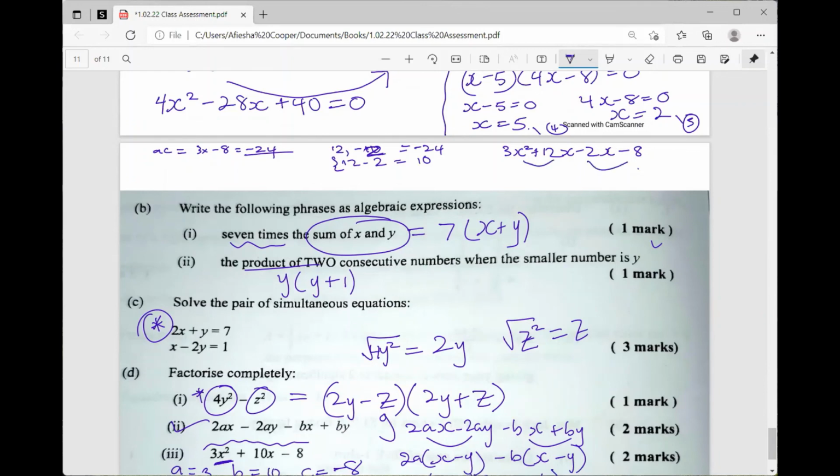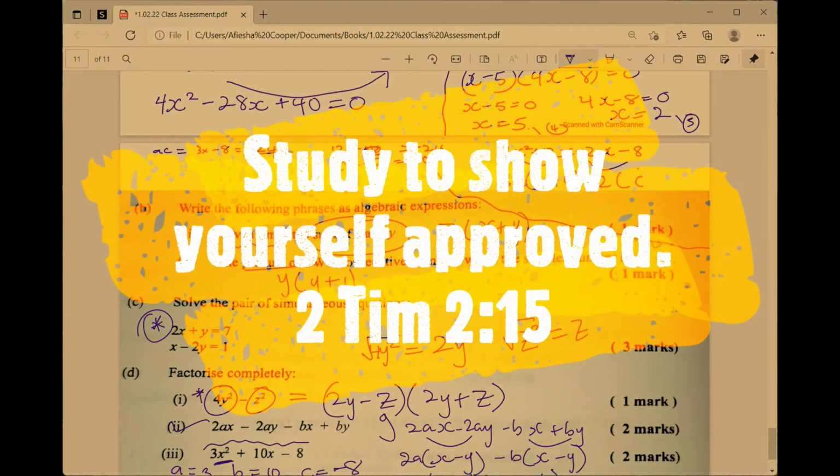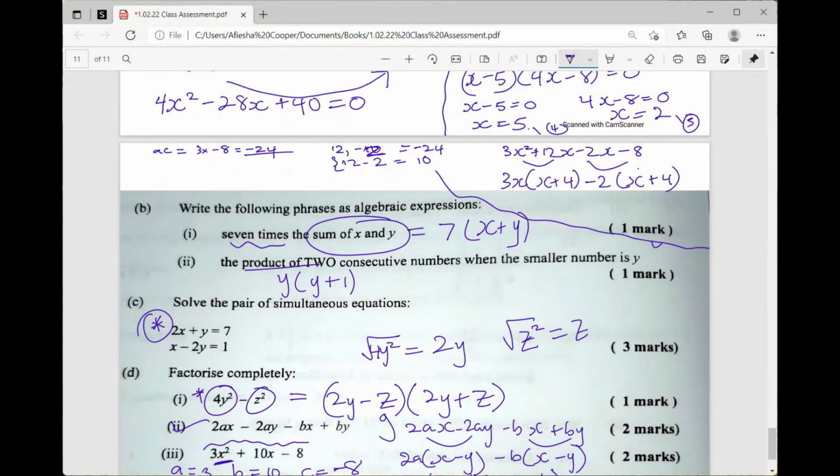So you see, we come up to group factorizing. What would it be? Okay, 3x open brackets x plus 4, minus 2 open bracket x plus 4. We end up with x plus 4 by 3x minus 2.